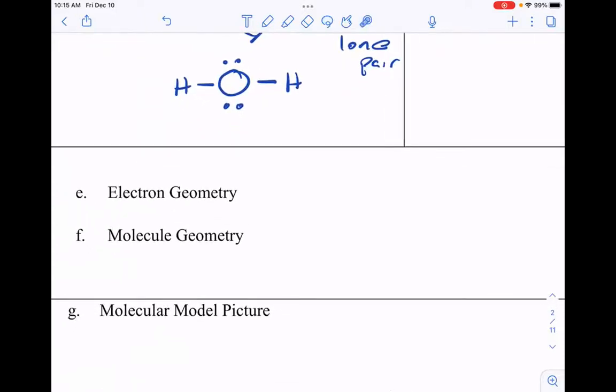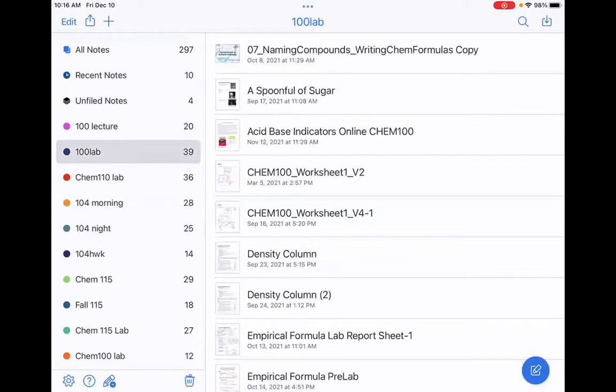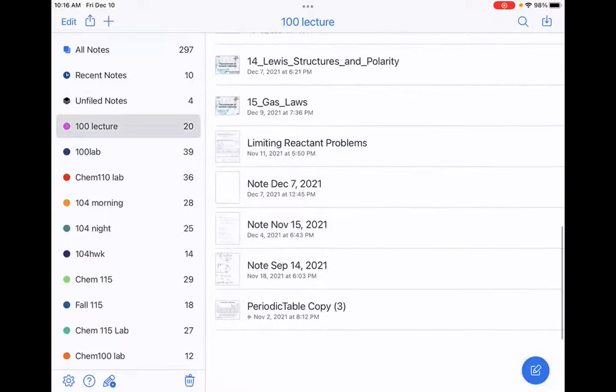And so we're going to talk about the electron geometry and molecular geometry. Once again, the electron geometry, or EG, and for those who have me for lecture, feel free to take that out. There's also a reference chart. Did I put the lab in here?